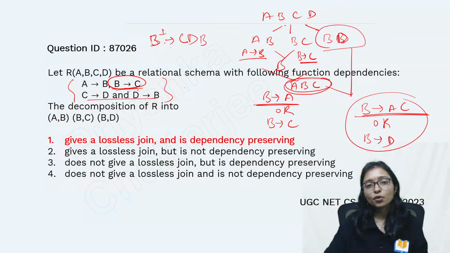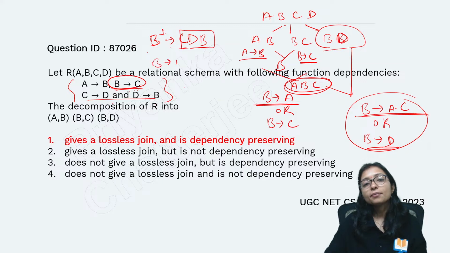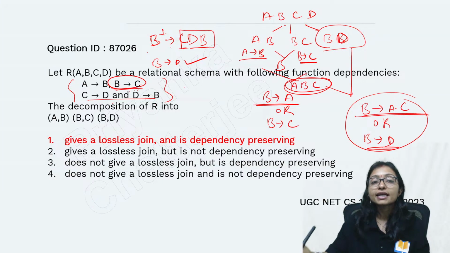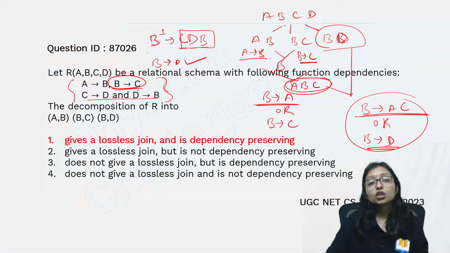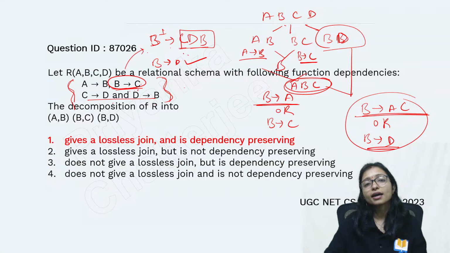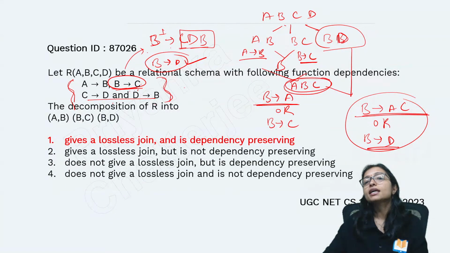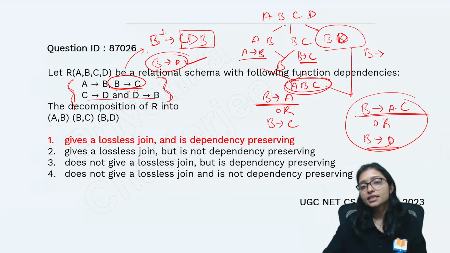So A is not possible. But from the B, B to D is coming. In the closure, I can see B, C, D is coming, means B implies D is present. It is hidden. Although it is not given in the dependency, but by doing closure, I am able to get B implies D, means this is present here.